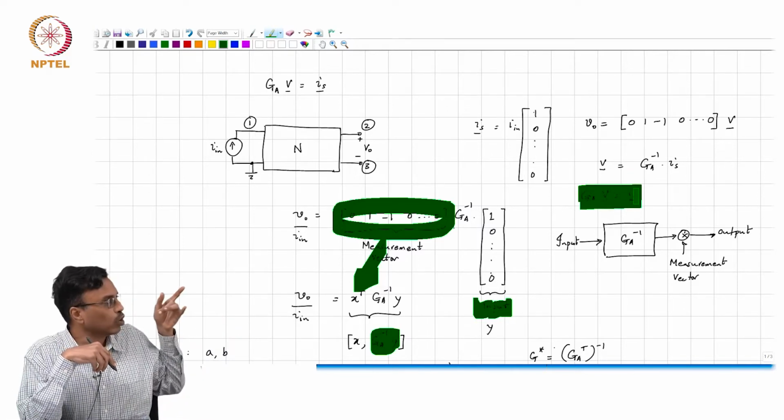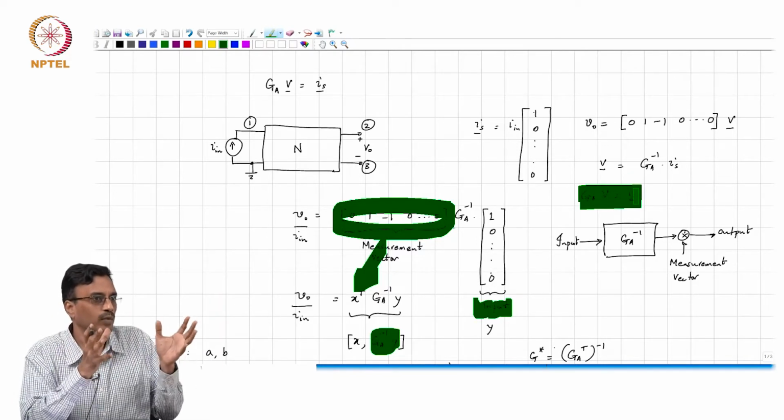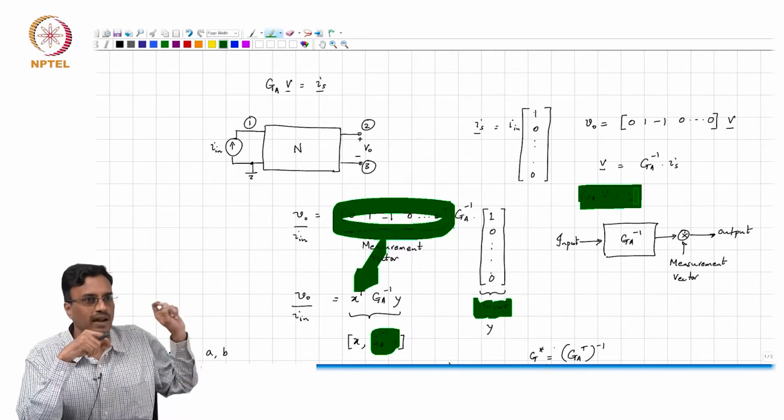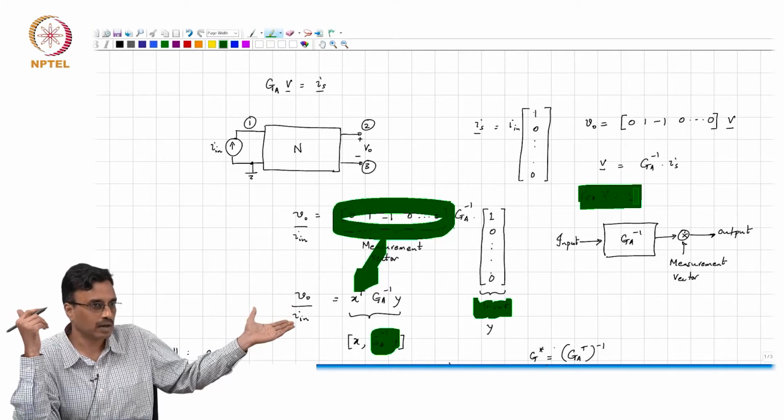These are nothing but the node voltages that develop when you take a network with an MNA matrix G and have a source vector IS. That is the interpretation of this set of equations as far as we are concerned, correct?